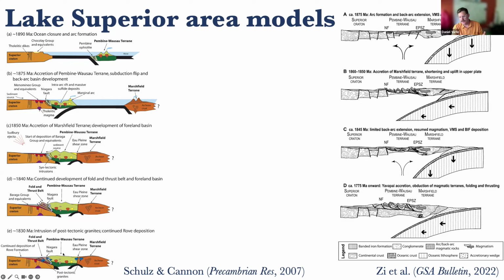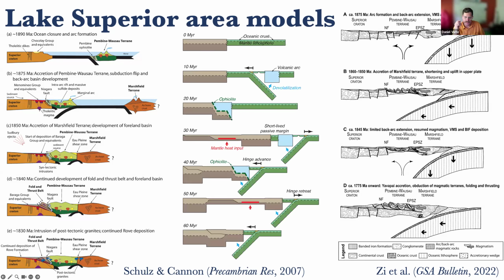And it looks a lot like the Appalachian models that have been proposed. In this case, we have a different type of model where subduction polarity never changes, but there is a retreat and then advance of the subduction hinge, leading to orogenic pulsing in the overriding wedge. And this looks a lot like the model that I introduced earlier.